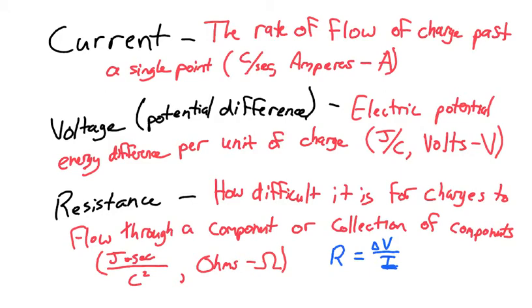And we don't really need to worry about having a certain number of coulombs. We'll work in the per coulombs unit. Joules per coulomb is the same as volts, which we abbreviate just with a capital V.